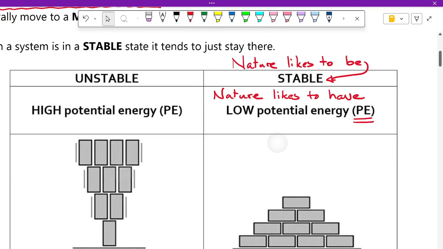So what does nature think of this stack of bricks over on the left? Does it say, yes, I would like to stay there, or does it say, no, I would like to fall over? I would like to fall over. So given a chance, that's going to fall over. How about this one? That's pretty stable. That is at a low potential energy.